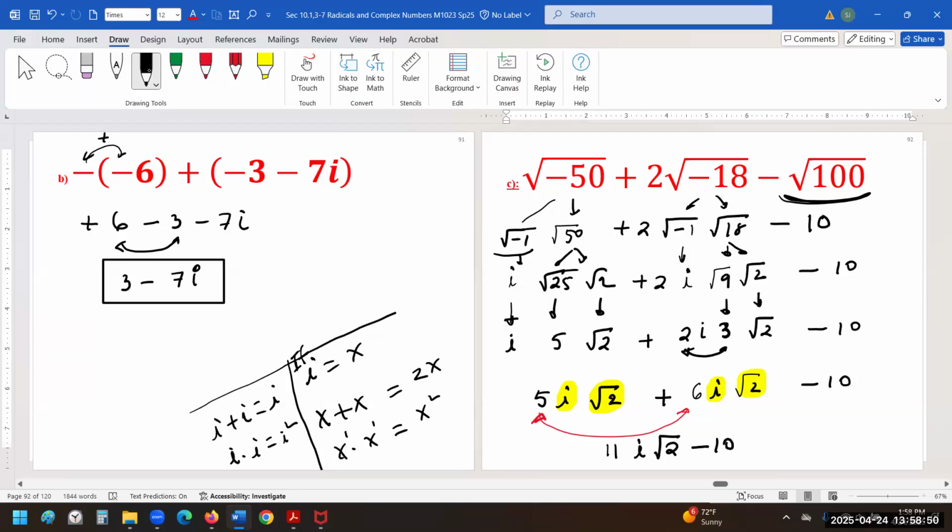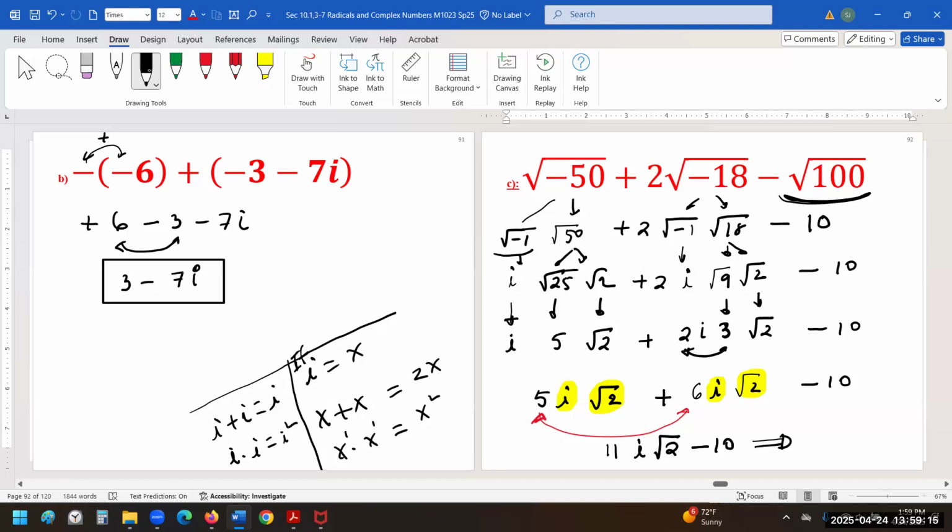No, we cannot. 11i root 2 is fine, no problem. You can write 11 root 2 i, no problem. But what's wrong with this format? Is this the format of a complex number? A complex number says you have to have your real number first.